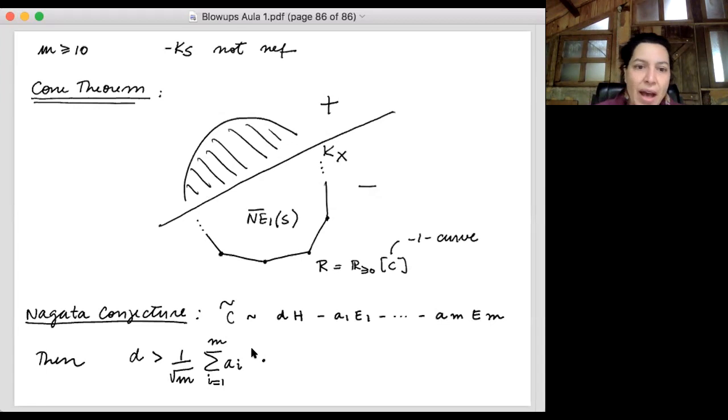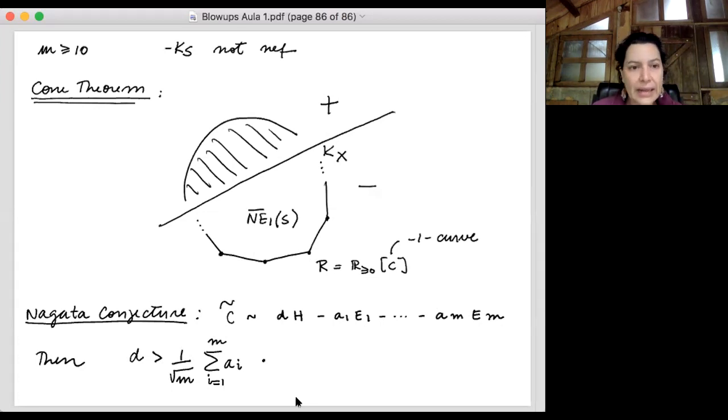It says that if you have a curve in the Mori cone, the strict transform of a curve of degree d in P2 passing with multiplicity a_i through each of the points p_i, so this is the class of the curve in the Picard group, then these coefficients d and a_i must satisfy this condition here. This is usually called the Nagata conjecture.